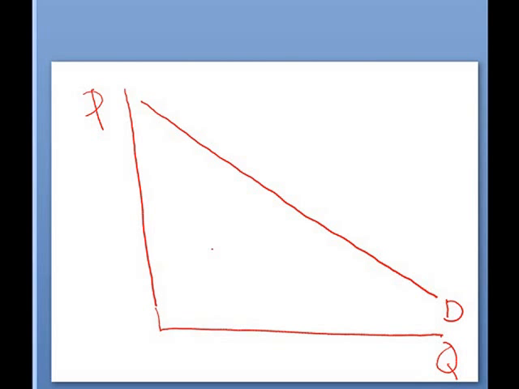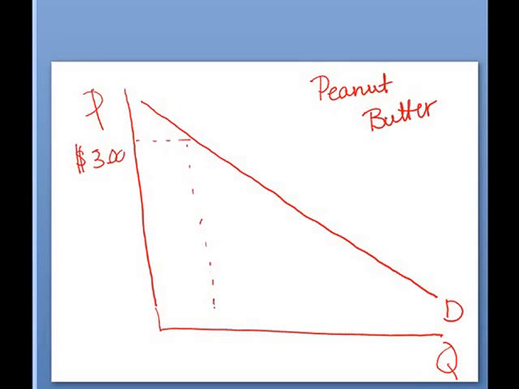Let's say that I wanted to know about peanut butter. At a particular price, let's say $3, it could be that all the consumers are only demanding 100 jars of peanut butter.